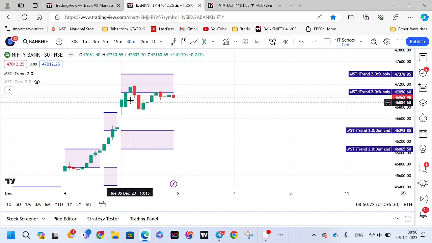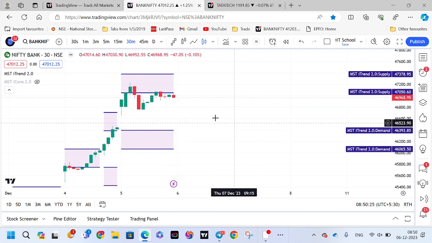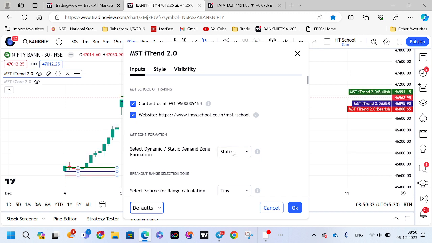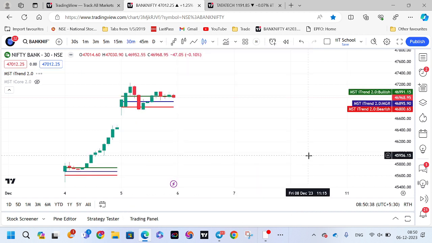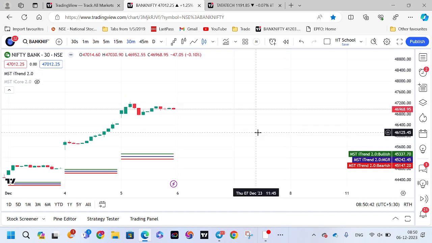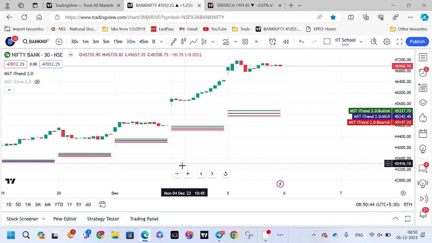Okay, so this one you can use for dynamic supply zone. And another point we have here in the settings, in the first one, MST zone formation, you can keep positional. Whenever market is trading above these lines, then this is the buy trend.